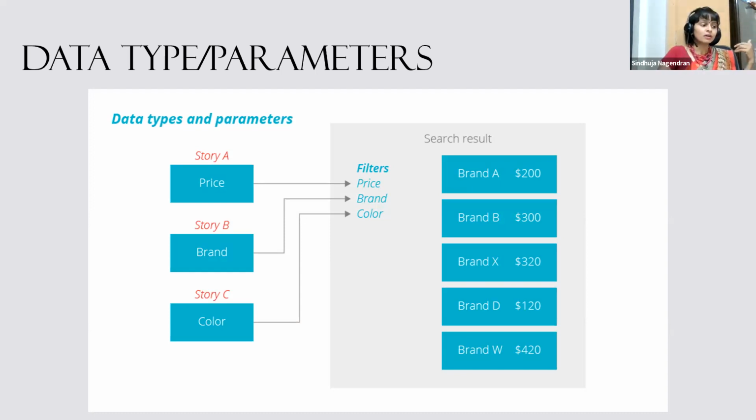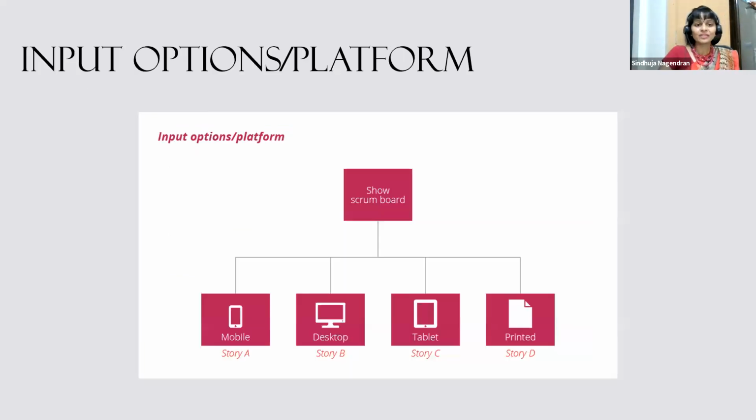Brand or other factors like delivery in less than 5 days, or colors, or what kind of pattern, like you want animal pattern or mix and match pattern. That way we can segregate the data types or parameters. So we can even have that model as well to filter or to separate the user stories, and we can work that way as well. So this is another type of slicing technique.